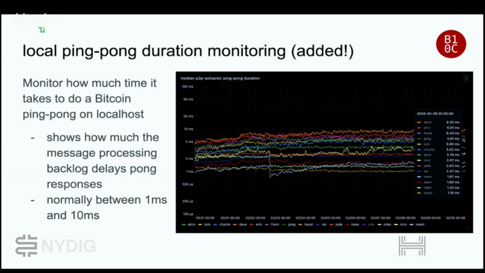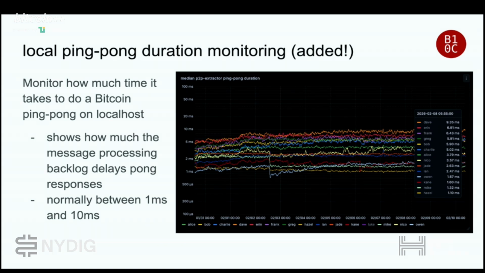Normally this is between 1 millisecond and 10 milliseconds, and it really shows how much backlog there is for this node, because you process messages in one thread, and you process maybe other messages from other peers first, one at a time. So it shows you how fast the node can work through the backlog of messages it receives over the P2P network.